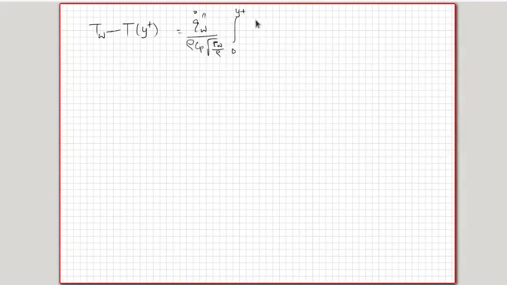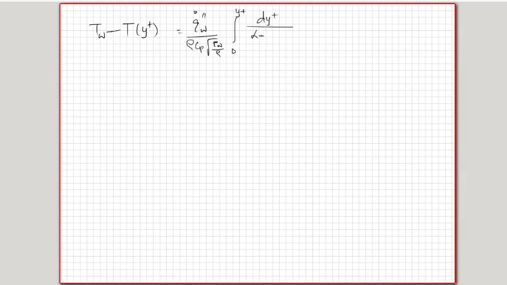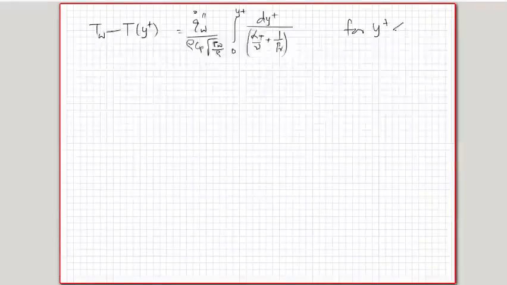That nu will go inside there. So dy plus divided by alpha t by nu plus 1 by Pr. Okay, so this is the expression that we get for y plus less than or equal to 30.